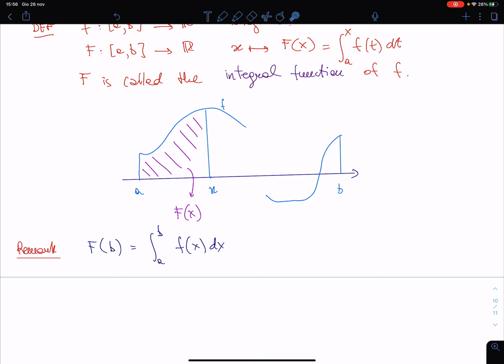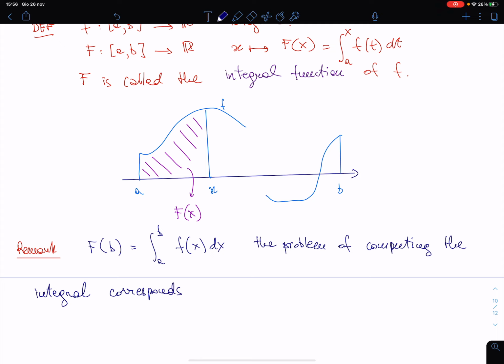Okay, since there is this equality, the problem of computing the integral or the area corresponds to the problem of computing the value of the function capital F at the point b.